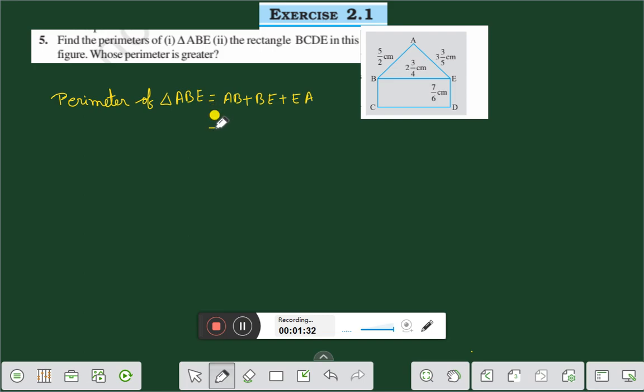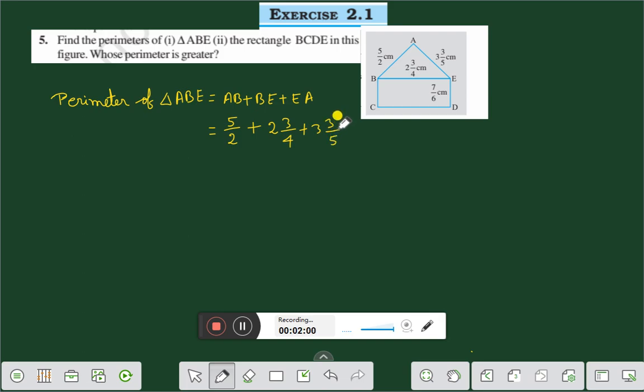Now here it is given that AB is equal to 5 by 2 centimeter, plus BE is equal to 2 whole 3 by 4 centimeter, plus EA is equal to 3 whole 3 by 5 centimeter.